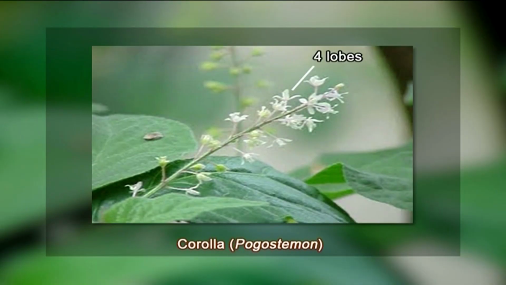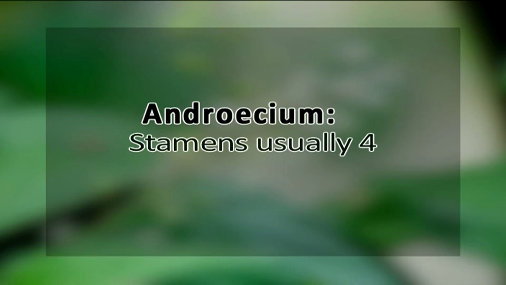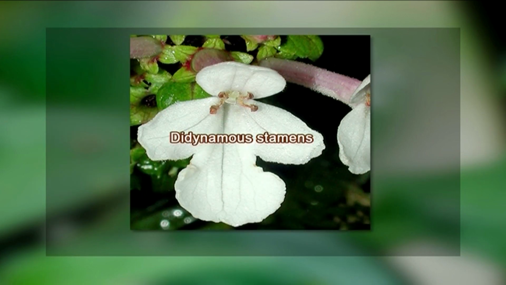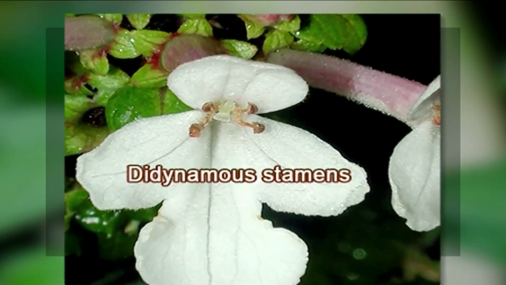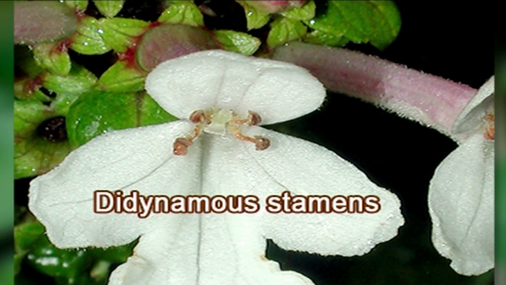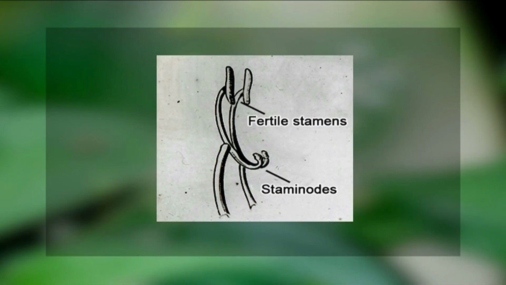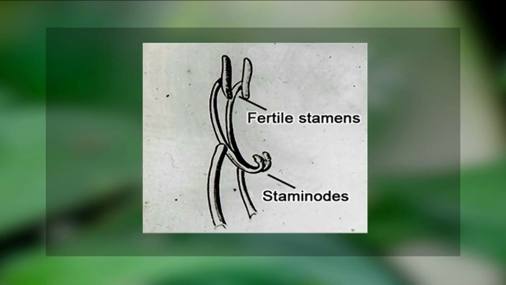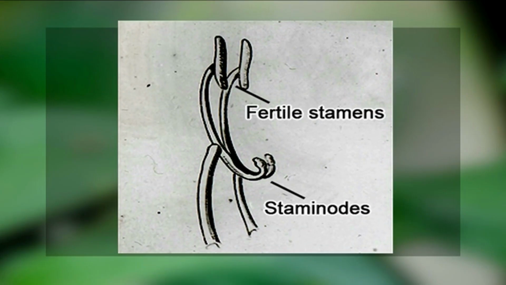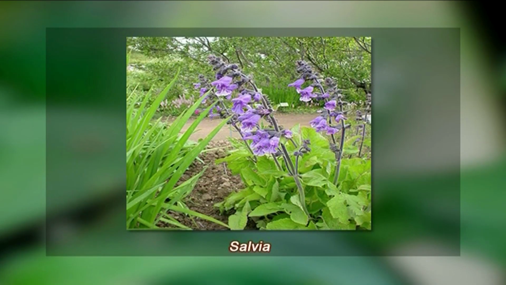The example is pogostemon. Now the male part of the flower, that is androecium. It comprises stamens which are usually 4 in number. Again, the androecium shows an arrangement called didynamous, and sometimes it can be reduced into 2 fertile stamens and 2 staminodes. The common occurrence of these 2 fertile stamens and 2 staminodes is in the salvia.